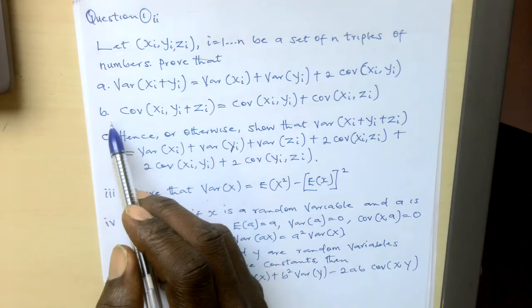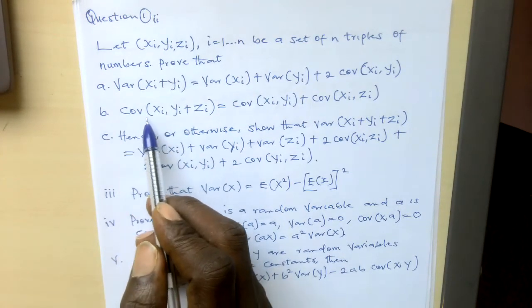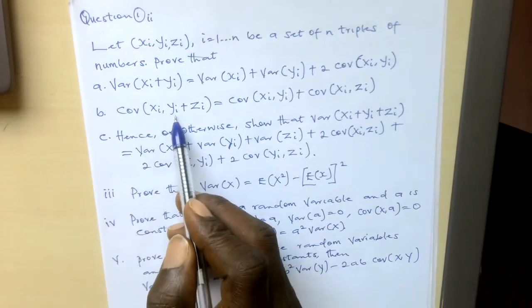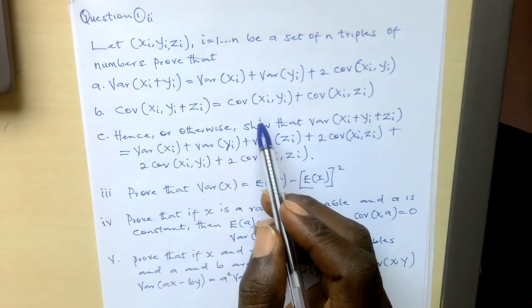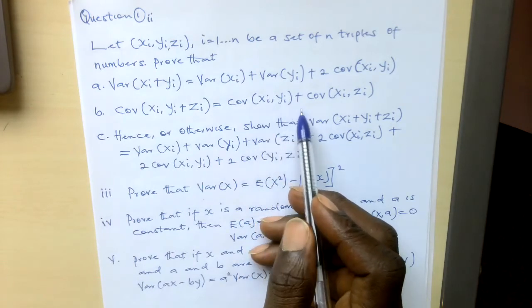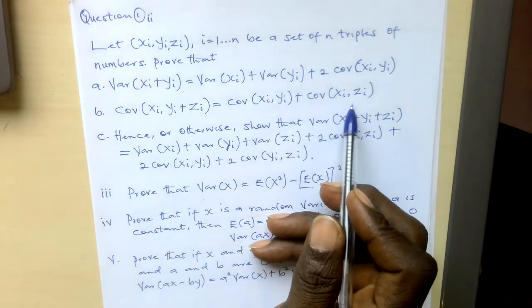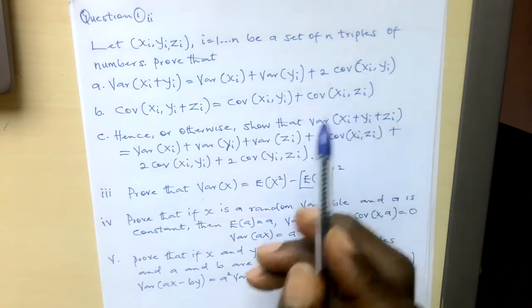Then the B part: we should look at the covariance of xi, comma, yi plus zi, and show that it equals the covariance of xi, yi plus the covariance of xi, zi.